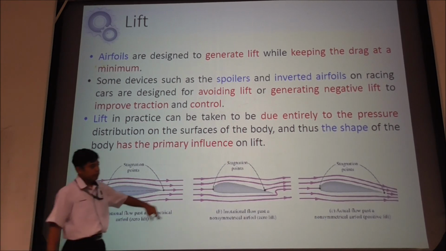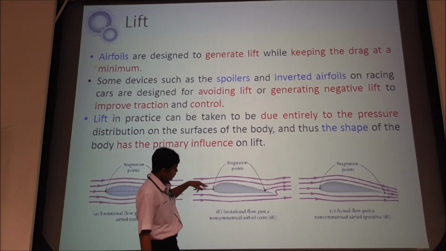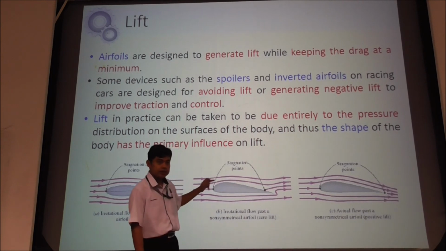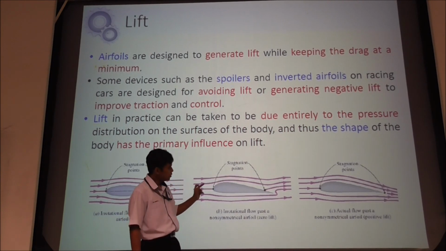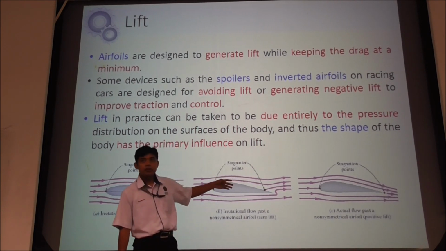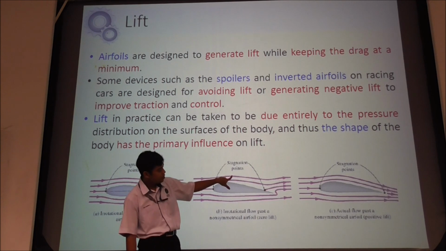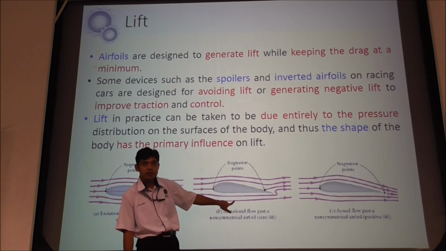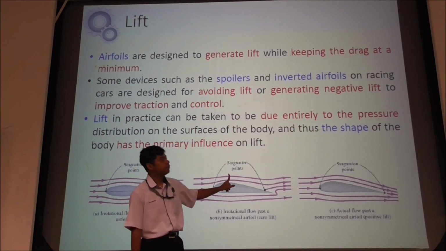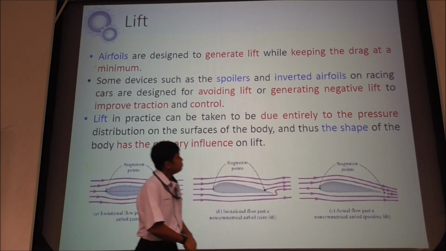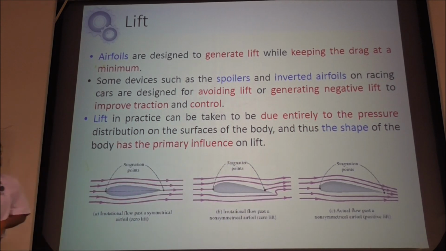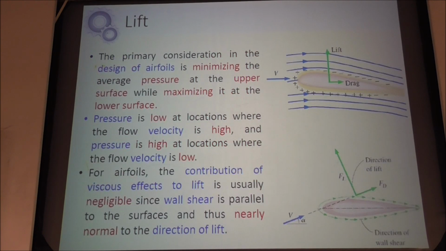But if you have this shape, the velocity over there is faster. By the Bernoulli equation, the faster the velocity, the lower the pressure. If you have lower pressure on top and higher pressure at the bottom, of course you will get lift. So shape is very important in designing a wing.